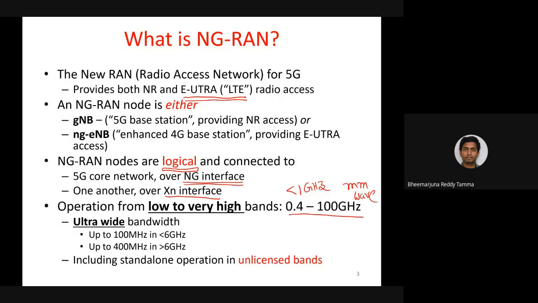Up to 6 gigahertz, the channel bandwidth could be up to 100 megahertz. I was talking about this as part of the 5G spectrum bands. Whereas when you go to millimeter wave, where we are now talking about spectrum bands beyond 24 gigahertz, and we are yet to see any bands defined between 7 and 24 as of now, we have a capacity of even 400 megahertz.